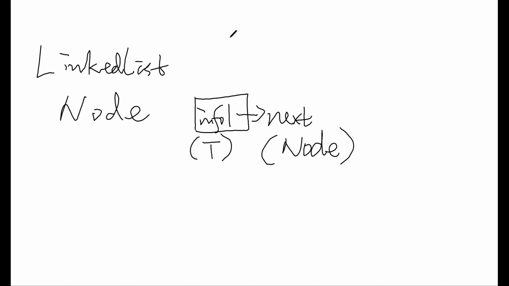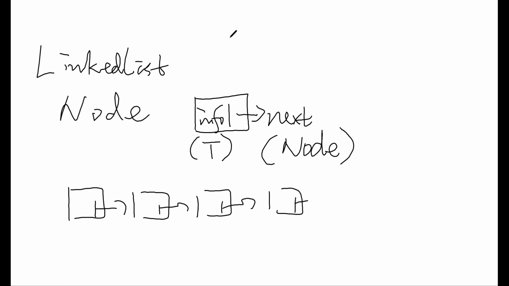A linked list is a collection of nodes connected together. Generally speaking, for a linked list, we just need to know the first node. Once you know the first node, basically you know all of the nodes in the linked list.